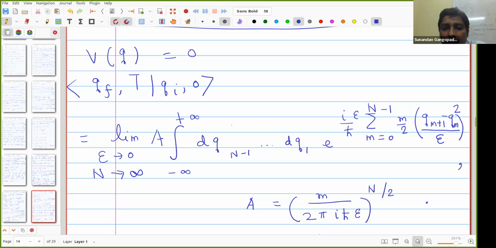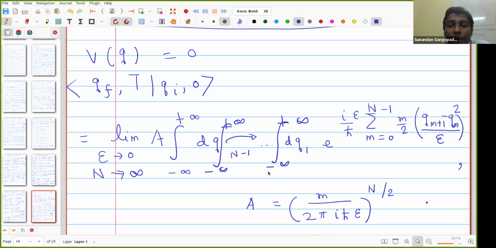there are infinitely many integrals. So there is an integral here also over this thing. I should have written down the integral over here, and then there is an integral over like this. So there are infinitely many integrals. Actually, you can see that there are 1 to N minus 1 integrals over q, but N tends to infinity.